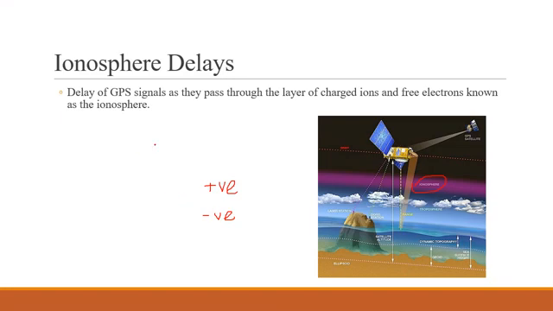For example, a signal coming from a satellite may be deviated from its original path due to the positive or negative charges, which are known as ions. Therefore this portion of the atmosphere is known as the ionosphere. So it is the delay of GPS signals as they pass through the layer of charged ions and free electrons known as the ionosphere.